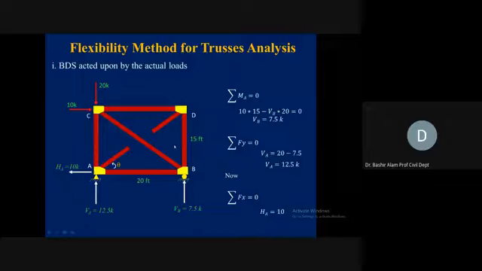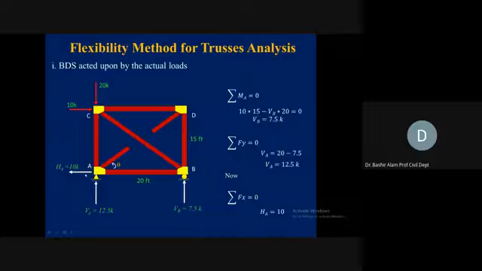Now the trick is how you analyze this basic determinate structure. First we find out the support reactions. How are the support reactions found? This 10 kip horizontal load has to be put in equilibrium, and has to be resisted at support A, because this is a hinge support and has the capability to resist this 10 kip horizontal load.